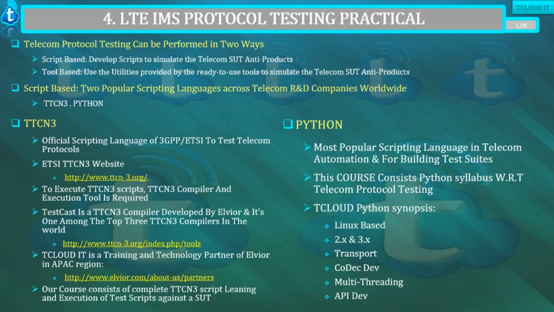If the test case is passed, you will go and talk to the development team and say that, hey, you have developed your software really well. Your product is perfectly working. But when you analyze the log file, you may find out that the test case is failed. You go to the same development team and tell them that, hey man, whatever product software you have developed, the protocol is not working correctly.